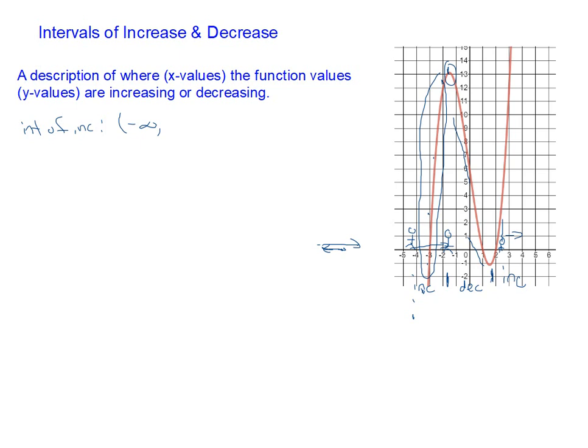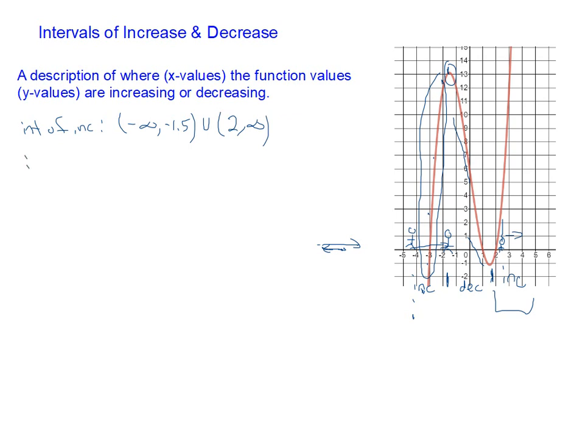We'll talk later about how to find it exactly, but it looks like negative 1.5 or negative 3/2. So we'll say negative 1.5 for now. So that's an interval of increase. We do have another interval of increase out here. So we're going to put that union symbol for the two sets, and this set starts at 2 and goes all the way to positive infinity.